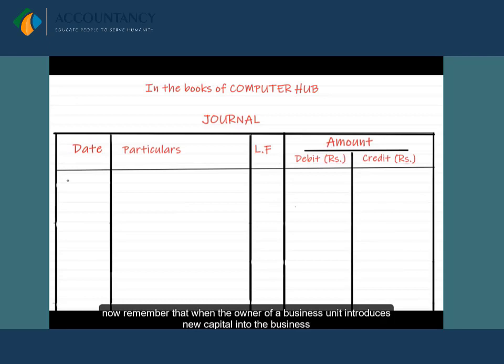Now remember that when the owner of a business unit introduces new capital into the business, we debit the amount invested in the business and credit capital account.